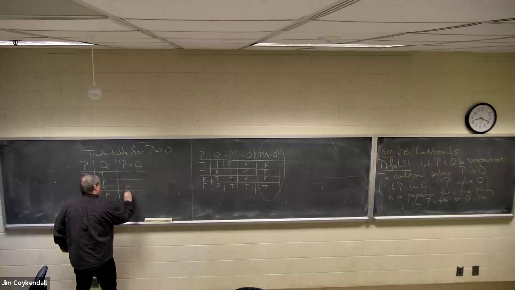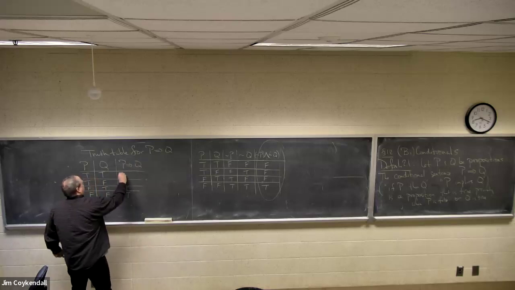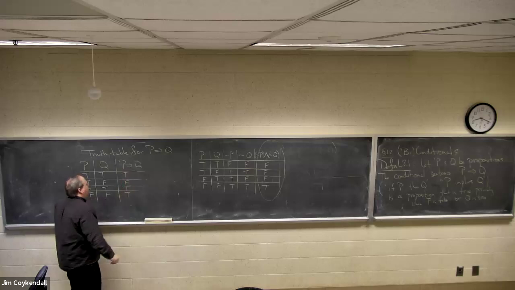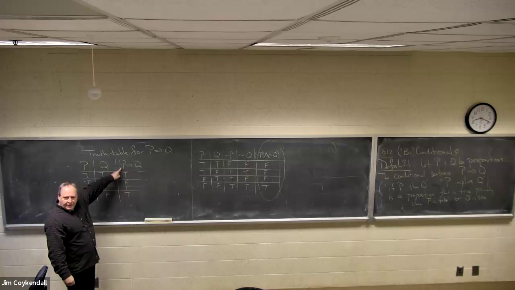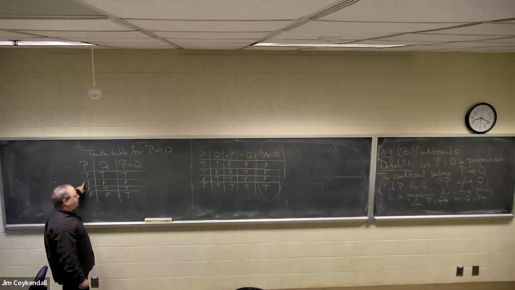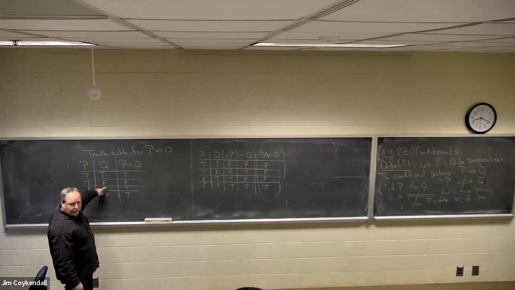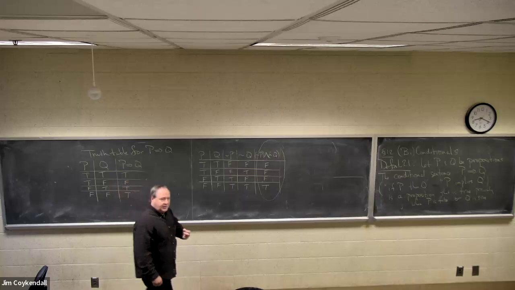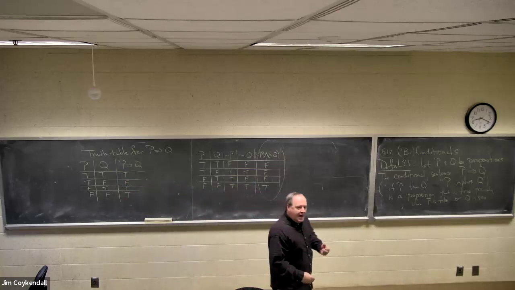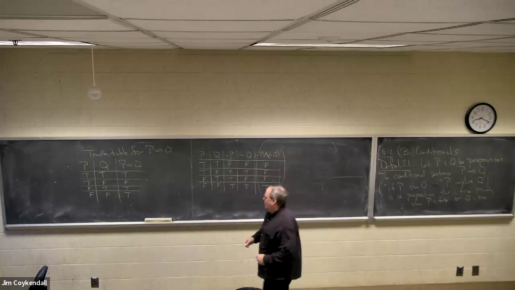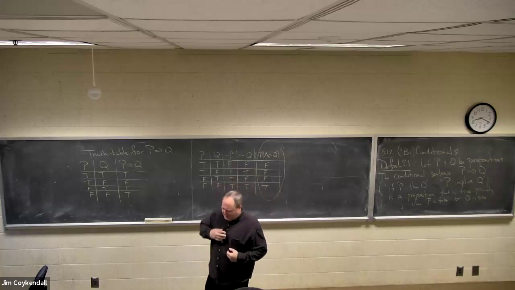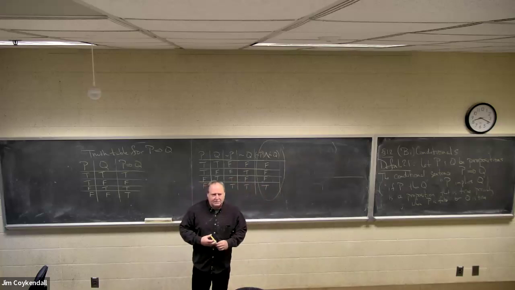This is already true. And the only way this fails is if P is true and Q is false, right? You can't have something true implying something that's false. That is the only failure for this to be true. Does everybody kind of see why we might want this done?